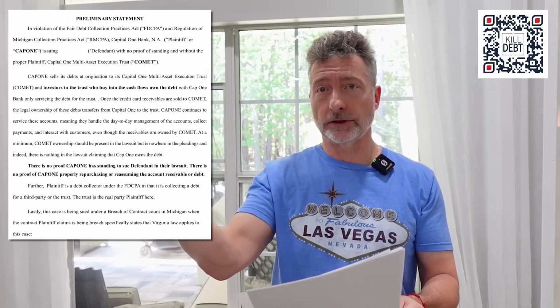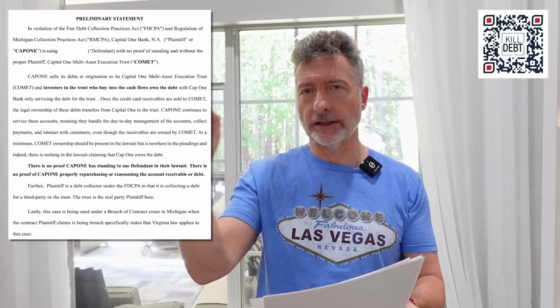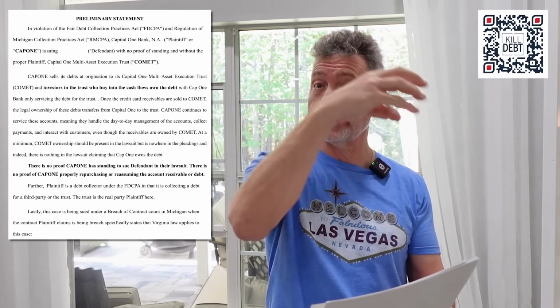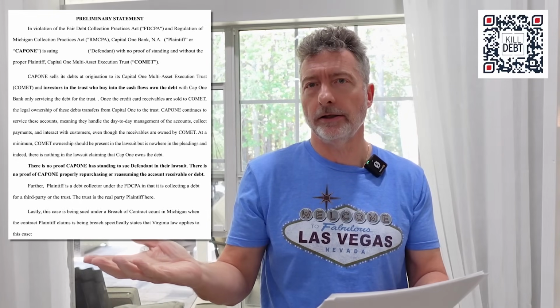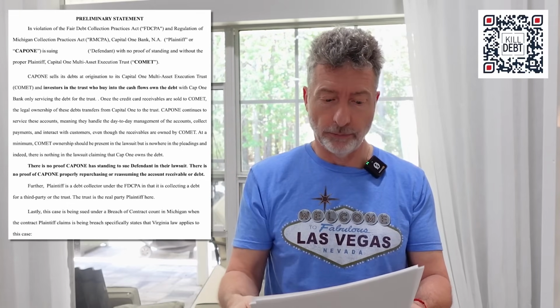In securitization, they move the debt over to the trust, but there's a default mechanism in most pooling and servicing agreements that says they must send it back to collect the lawsuit. If there's no proof of that, how do you know that the securitization has only gone one way and hasn't come back the other way? They've got to provide proof of that.